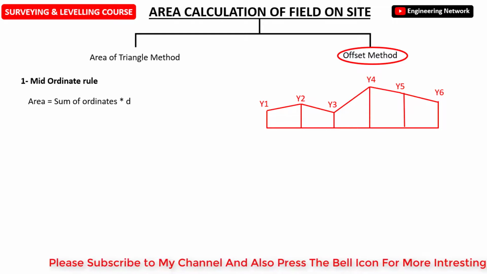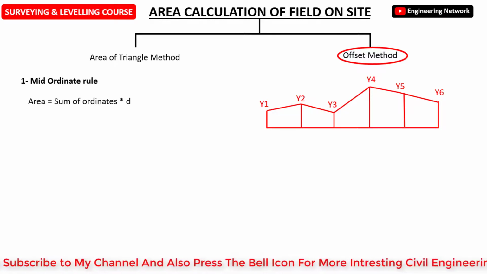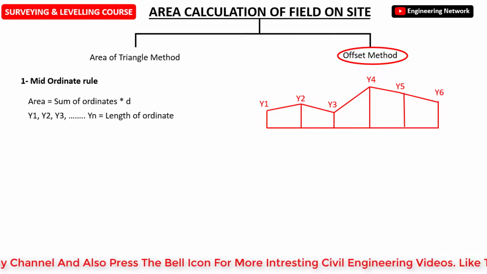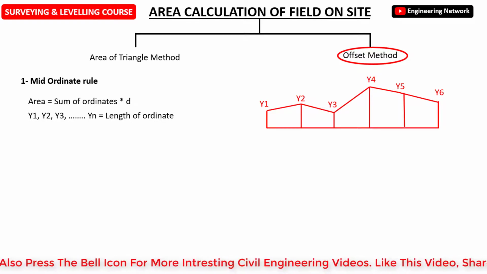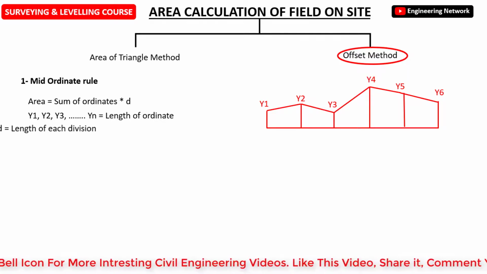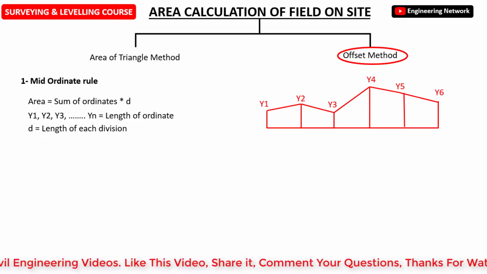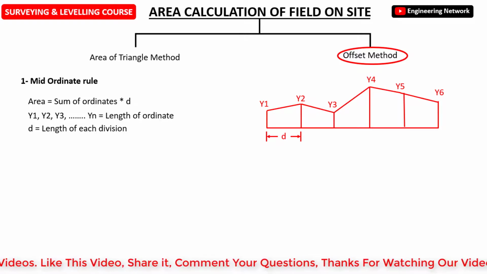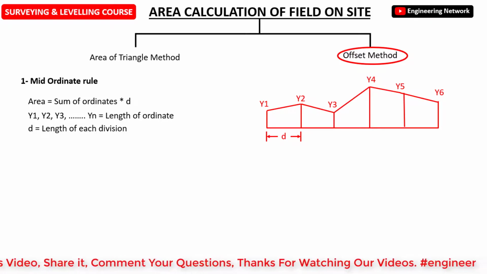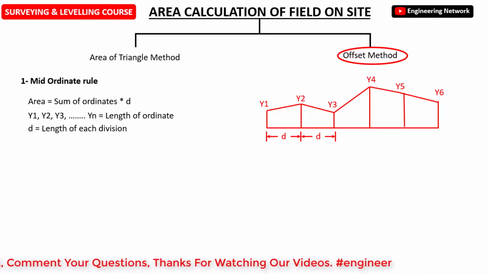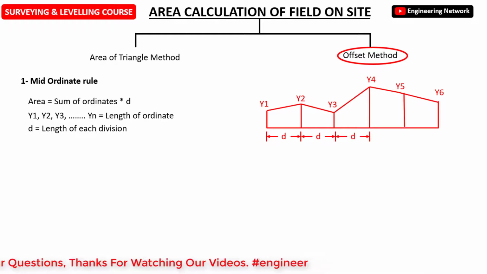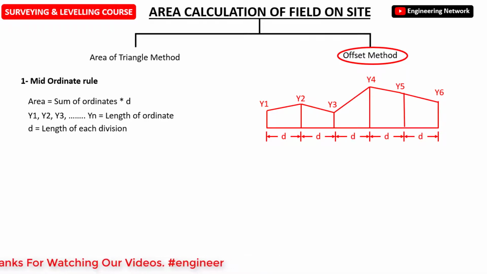Here in this formula, y1, y2, y3 and so on are the ordinates and d is the length of each division, like the distance between y1 and y2 is d, and similarly the distance between y2 and y3 is d, and so on.